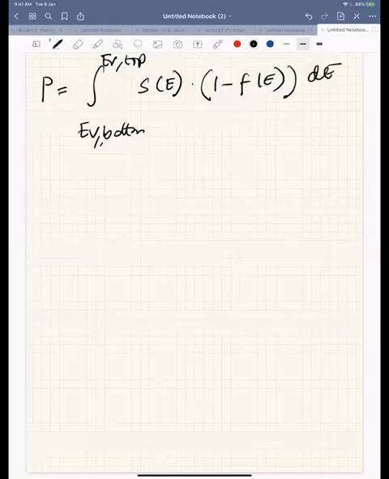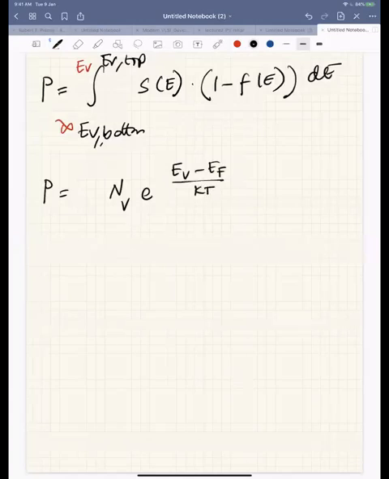So then if you solve, EV bottom you have to take as infinite, because we have to go from infinite to EV. So you can replace infinite with EV here. If you solve this, it will be NV e to the power EV minus EF by KT.